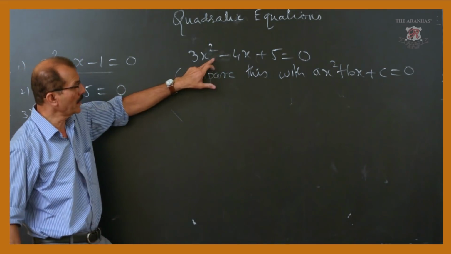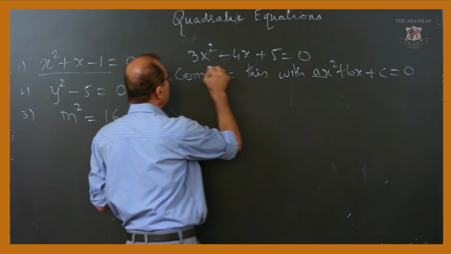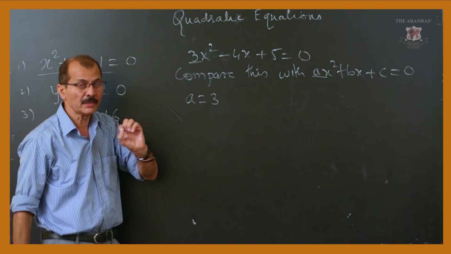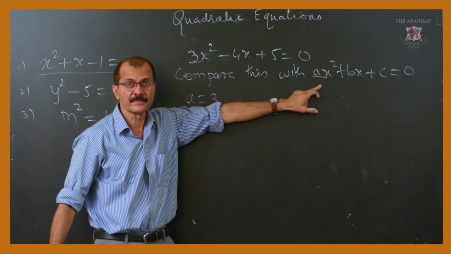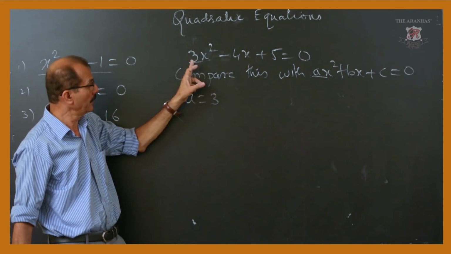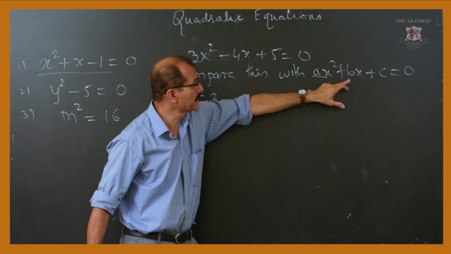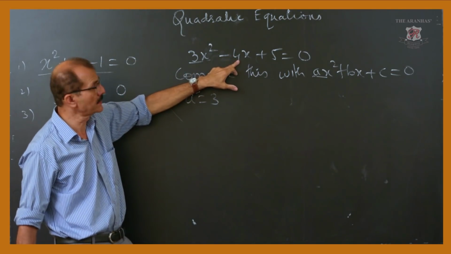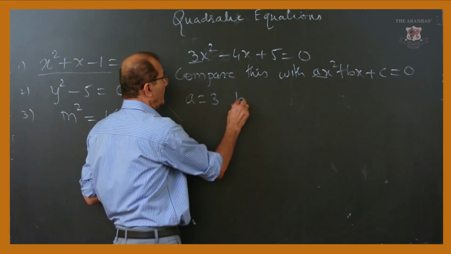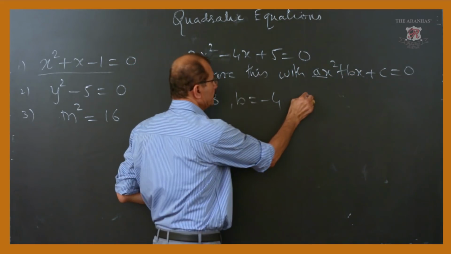you will find that my a will be equals to 3. Comparing means what? You compare the like terms, ax square, 3x square. Therefore, a is equals to 3, bx and minus 4x. So, my b will be minus 4 and my c will be 5.